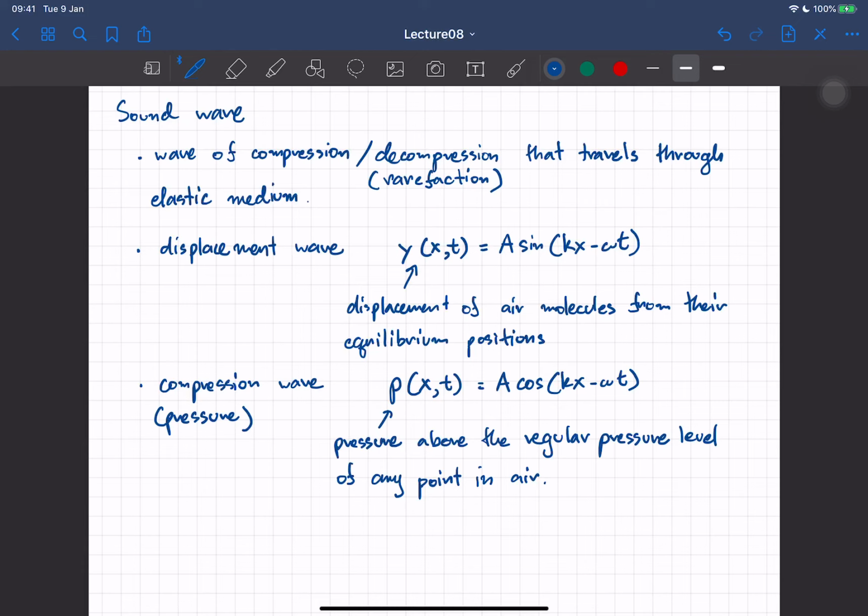If you don't have any sound wave in air, the pressure of air at every point will be pretty much the same everywhere, and that's probably not zero, because pressure can't really be zero unless you have zero temperature or something like that. When you have a sound wave, the pressure at some points will rise above the normal number, and some will go below. This pressure wave is the one that propagates throughout the medium, and essentially that's what we call sound wave.